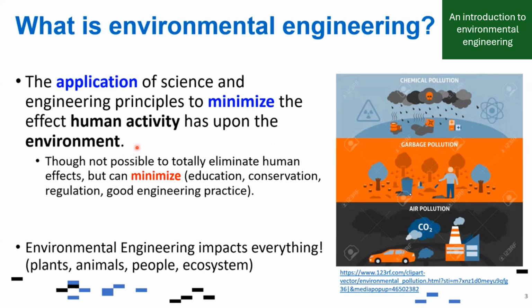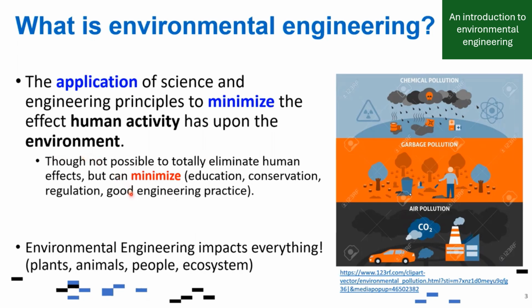And so instead of totally eliminating this one, which we cannot really do, environmental engineers or engineers in general are actually working to minimize this effect of the pollution to the environment. So to the whole environment, this includes the natural environment as well as the people, the social environment, all right?